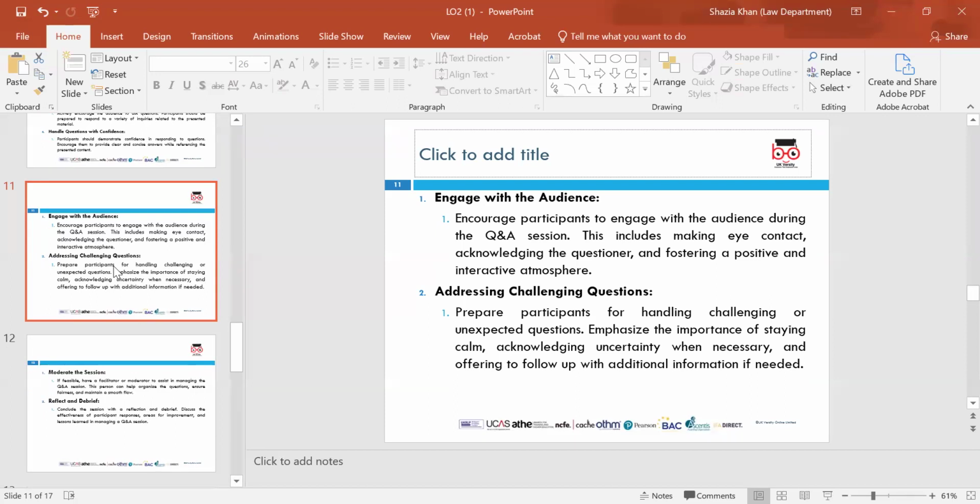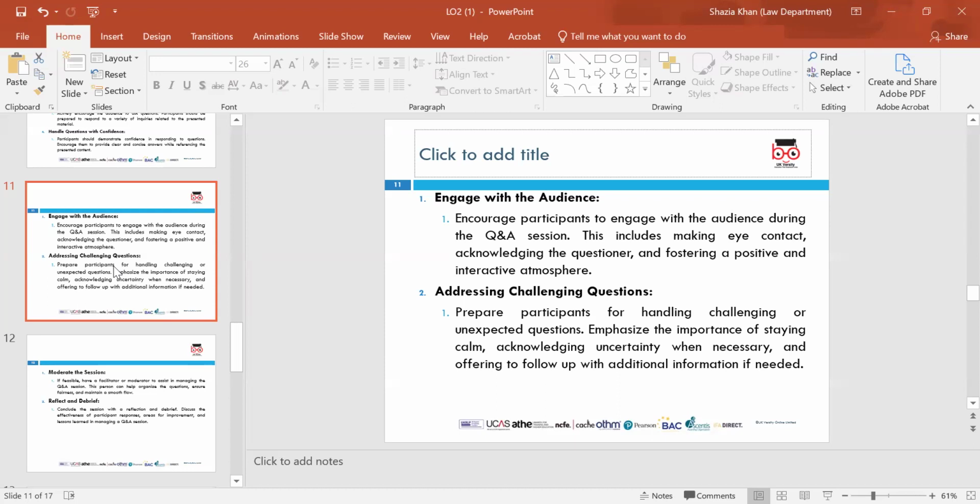You must then address challenging questions. So prepare participants for handling challenging or unexpected questions. You must emphasize the importance of staying calm, acknowledging uncertainty when necessary, and offering to follow up with additional information needed.